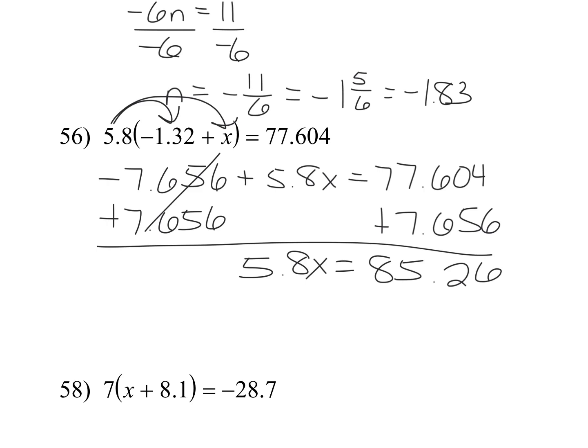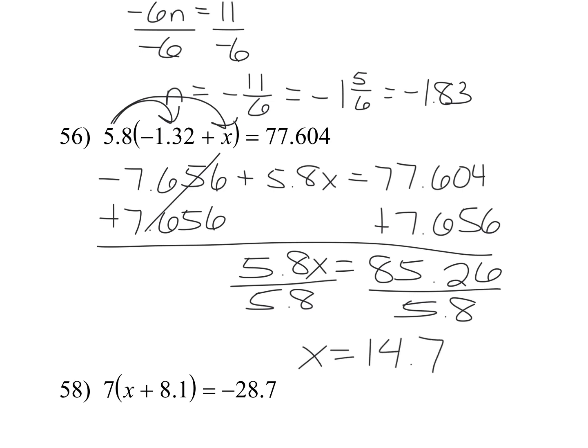So divide by 5.8. Get x by itself by dividing by 5.8. x equals 14.7. Yeah. You can leave your answer like that, or if you wanted, you can do 14 and 7/10.